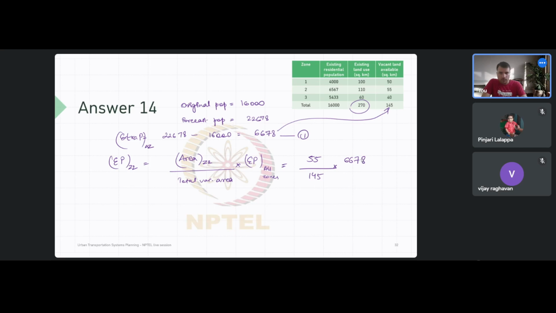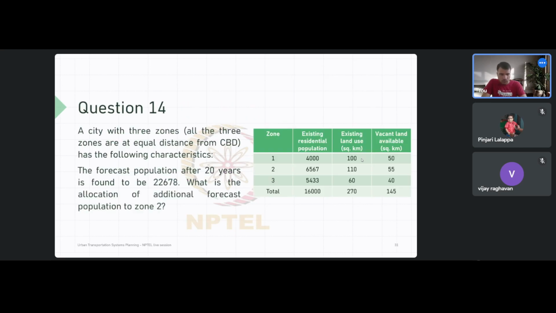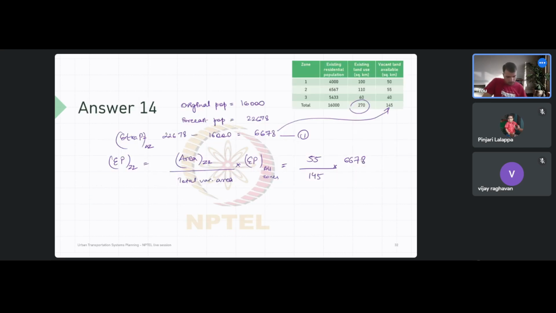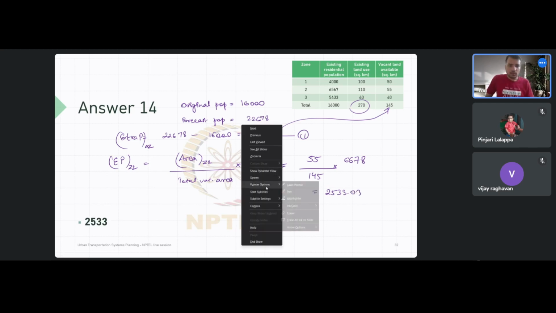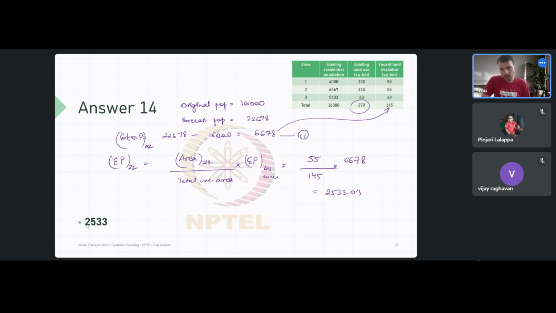So if I need to find for zone 2, it's coming out as 2533.03. So around 2533 become. Let's mark the answer. So we had a certain extra population based on the ratio of area of different zones. We allocated it to zone 2.